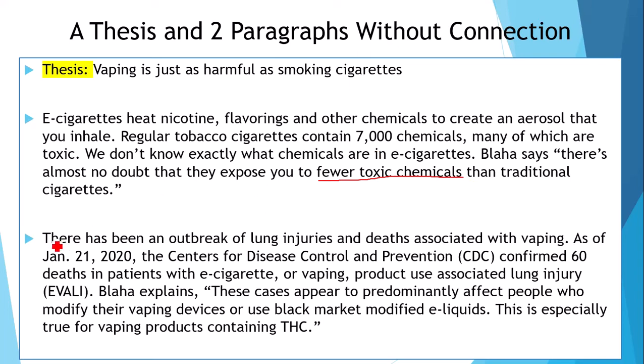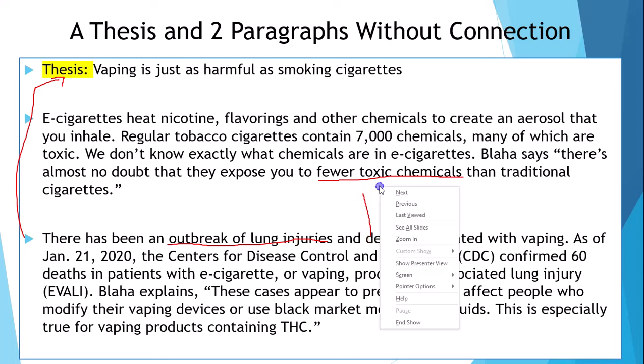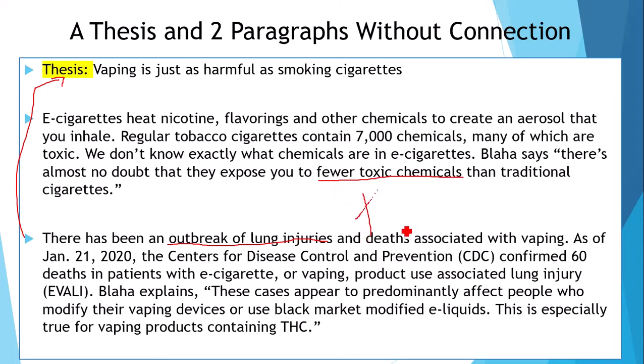Then we have the idea of the outbreak of lung injuries. Now, this does connect to the thesis about vaping being harmful, but it does not connect, I'm going to put kind of like an X here over a possible arrow, it doesn't really connect to the paragraph above it. So it's quite disjointed.